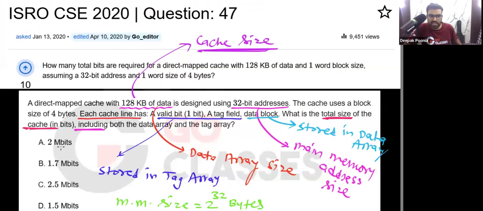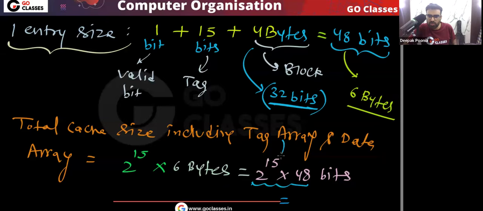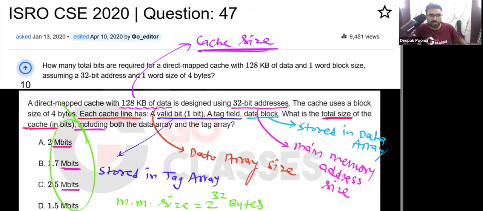Remember, all the options are given to you in megabits. You can see megabits, and 1 mega is basically 2 power 20, right? So here you have 2 power 15. Let's convert this into 2 power 20, then we can write capital M, meaning mega, because all the options are given in megabits.